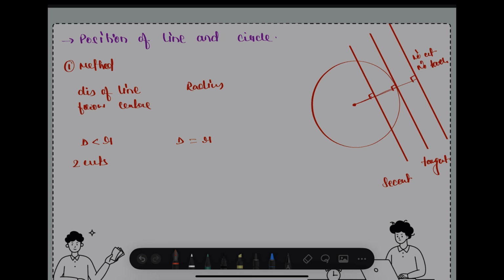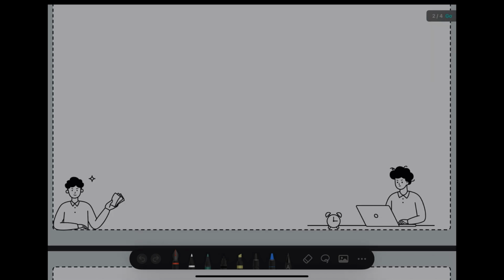So here it is one touch. This one touch is important because this is the tangent case. And then if the distance is greater than the radius, it is no cut no touch. Now I'll go with the technical method because this condition is important.